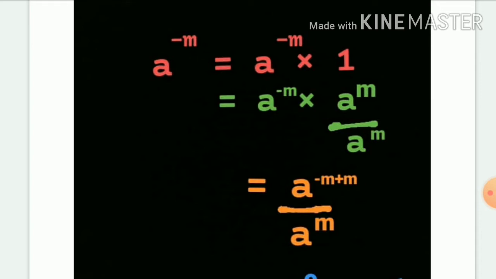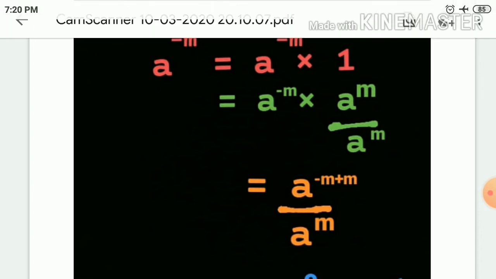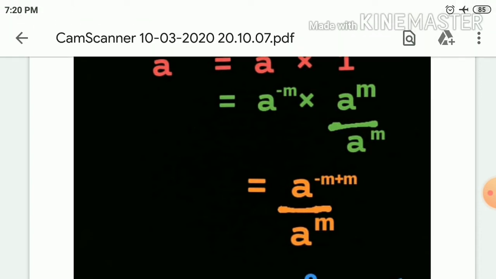So a is common, so we write a, and the two indices are minus m and m. The indices get added, so minus m plus m, divided by a raised to m.